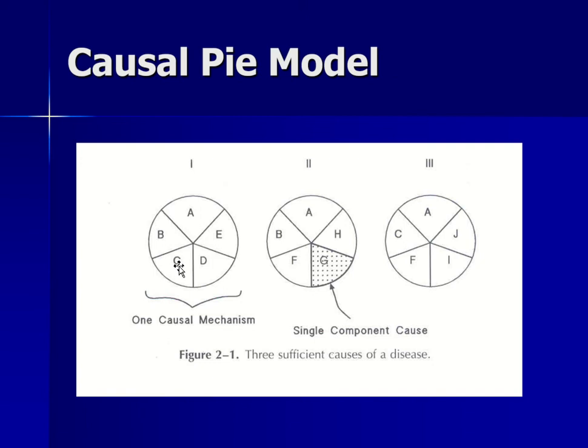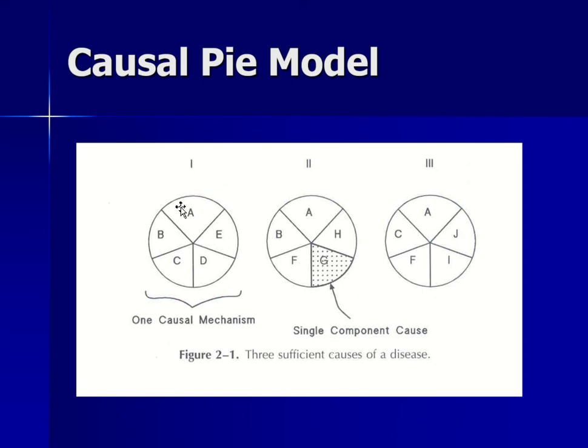Since we have more than one pie, this means that none of the pies is necessary, but every pie by itself is sufficient. Now, this is looking at the pie as a cluster. If we start looking inside the pies, you will notice that in every one of these pies, the letter A is present.